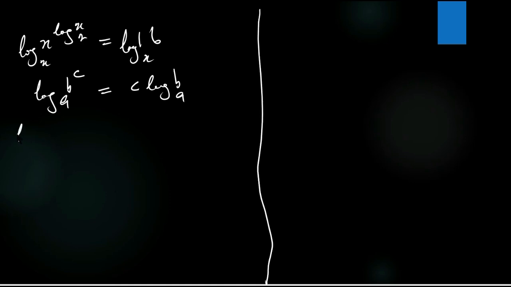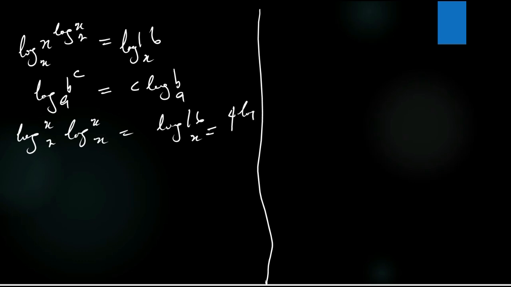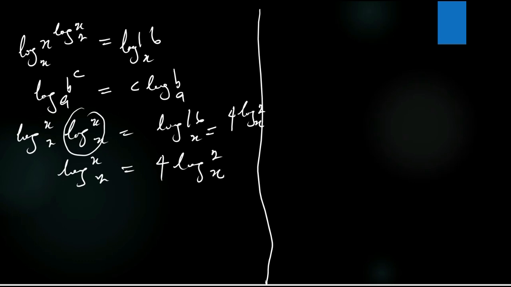So that we'll be saying that this is the same thing as log x base 2 times log x base x is equal to log 16 base x. 16 is the same thing as 2 raised to power 4. I can interpret that as 4 log 2 base x. Now log x base x is the same thing as 1. So if this is 1, obviously I'm left with log x base 2 equals 4 log 2 base x.